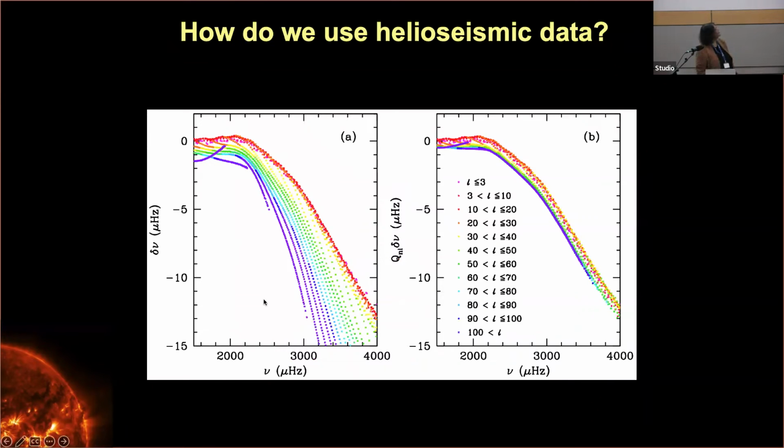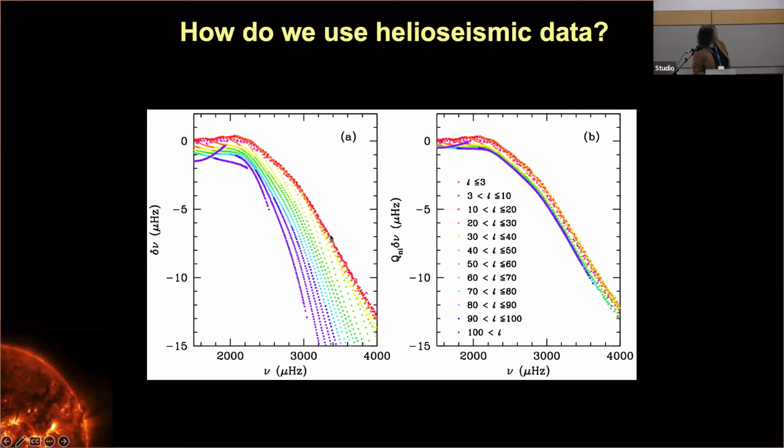Except that doesn't really work. So if you look at the panel on the left, these are frequency differences, okay? And you see that it's a function of frequency. It can get very large. Remember, the errors are tiny, which is why I haven't even plotted the errors here.